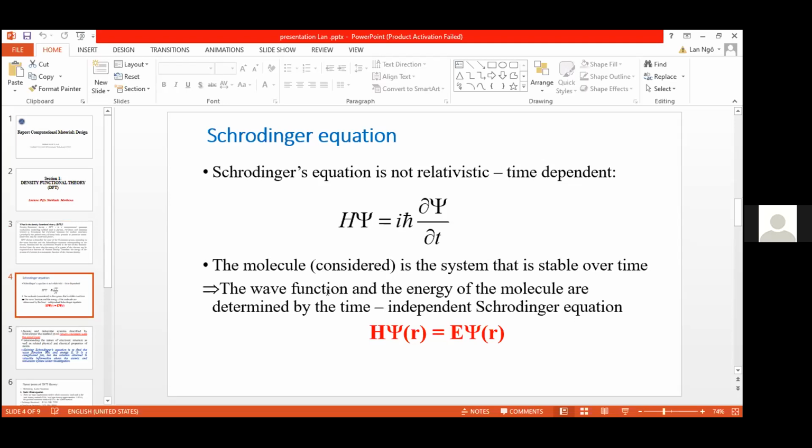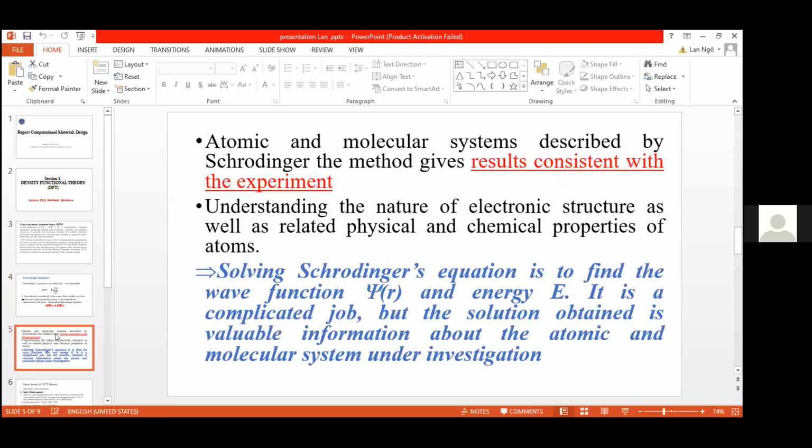The wave function and the energy of the molecule are determined by the time-independent Schrödinger equation. In atomic and molecular systems described by Schrödinger, the method gives results consistent with experiment.